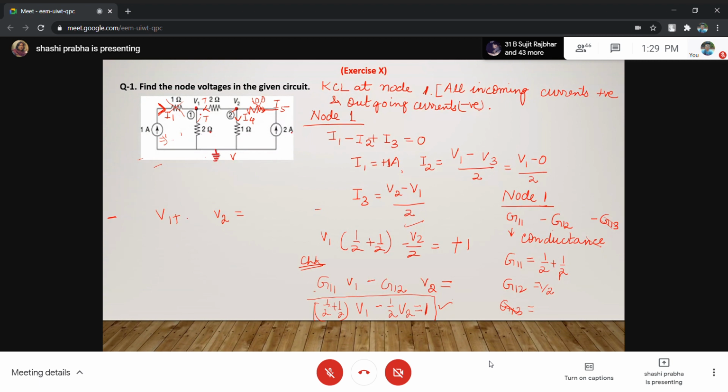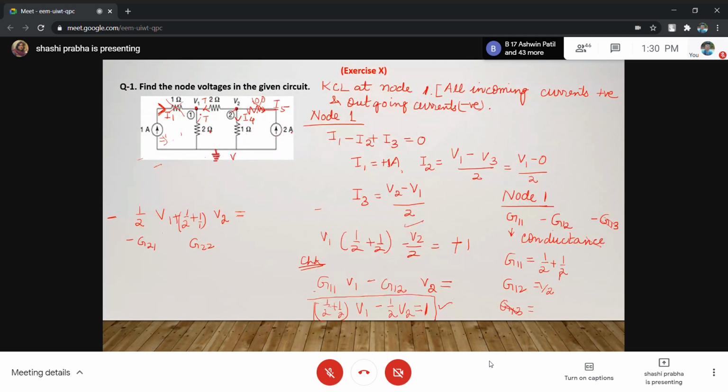So what is the coefficient of V2? Coefficient of V2 is this 1 upon 2 plus 1 upon 1. What is this coefficient? G21. You will think about the second row. G21 and G2. What is common between 2 and 1? This is 1 upon 2. So minus 1 upon 2 V1 plus 1 upon 2 plus 1 upon 1 V2 equal to current due to known source.